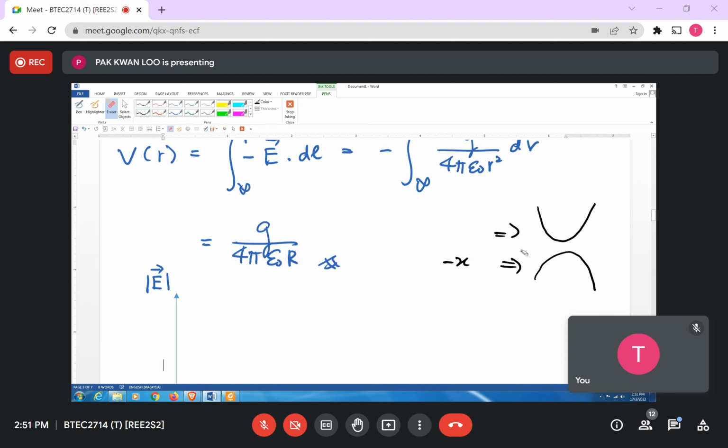So the trace of the curve may have some profile like this when we sketch it.